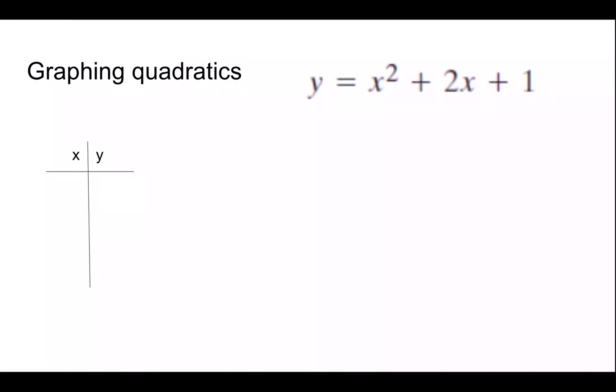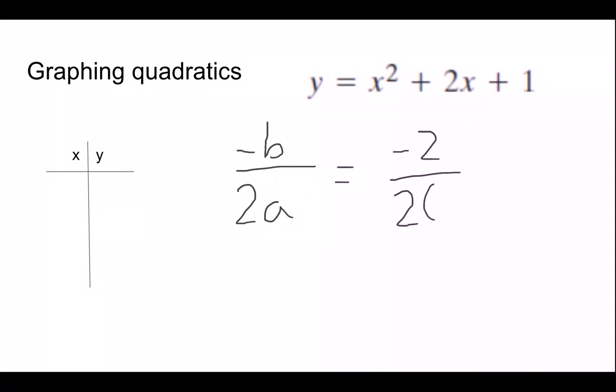Well, if we remember from last time, we can find the x value of the vertex by finding the axis of symmetry, or negative b over 2a. So for this example, that would be negative 2 over 2 times 1, which would give me negative 1. So that's my x value. So my middle x value I'm going to pick, or my vertex x value, is going to be negative 1.